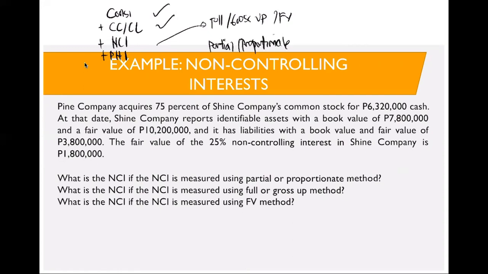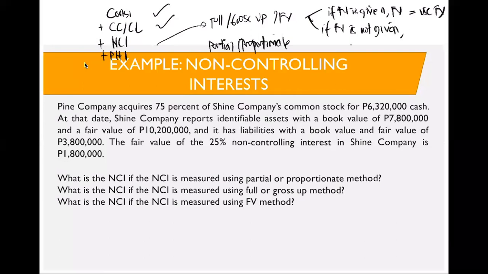So in your full or gross up, if fair value is given and the problem states to use fair value, use fair value. If fair value is not given and the problem says use full or gross up, then gross up.